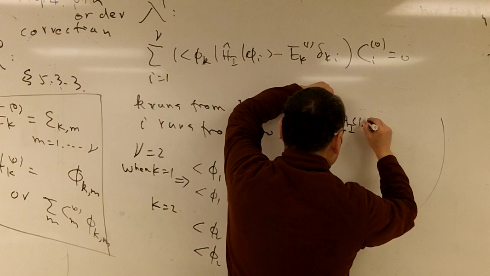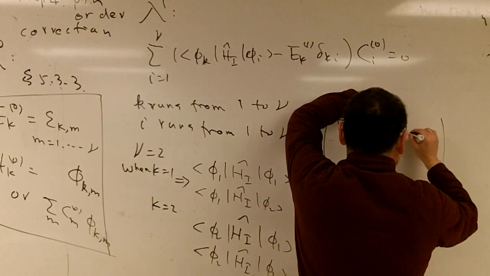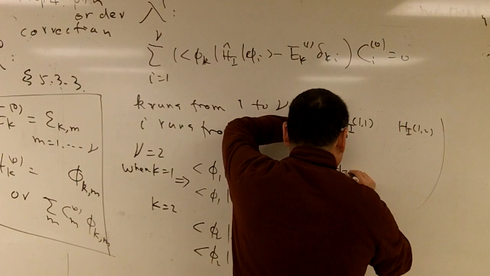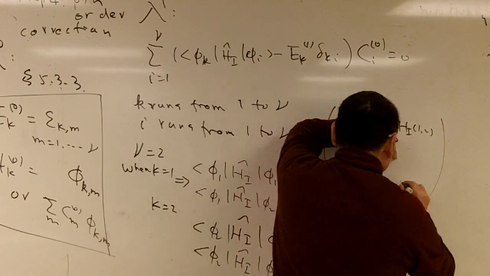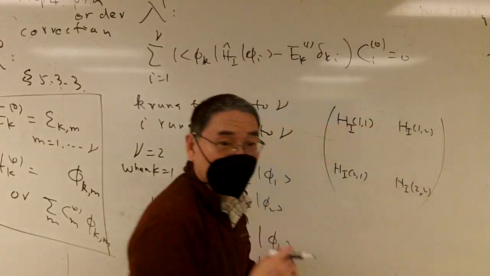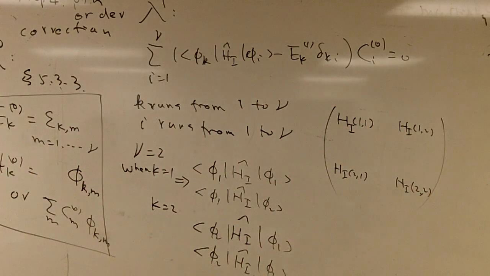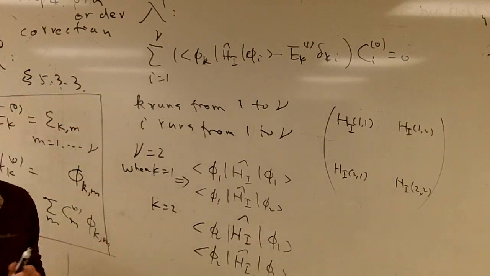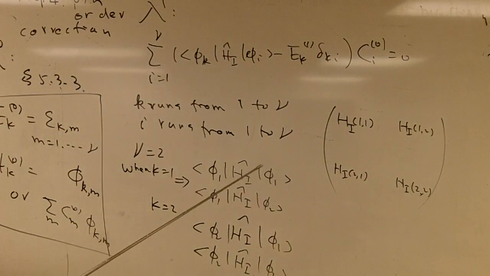So I have 1,1, and here's 1,2. Matrix elements, remember there's no hat. And here's 2,1 and 2,2, no hat because these are matrix elements. You see? No hat, no hat, no hat, no hat. These are the matrix elements themselves.